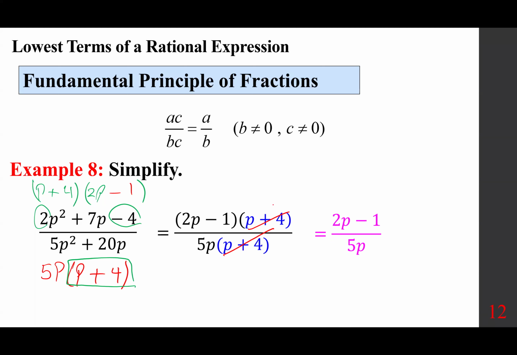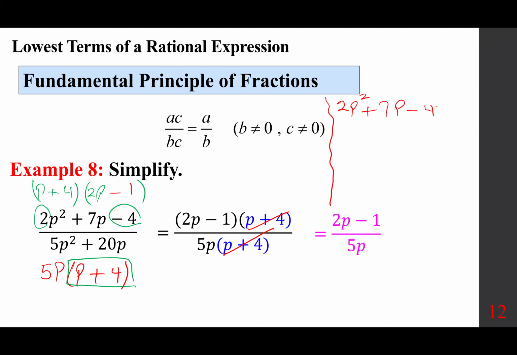What I want to show you is, just for practice, I want to remind you, what if we didn't have the denominator and we didn't know how to factor it, and we wanted to go to the numerator, 2p squared plus 7p minus 4.